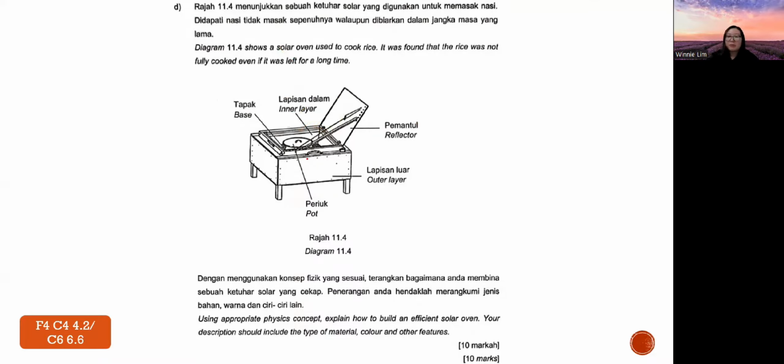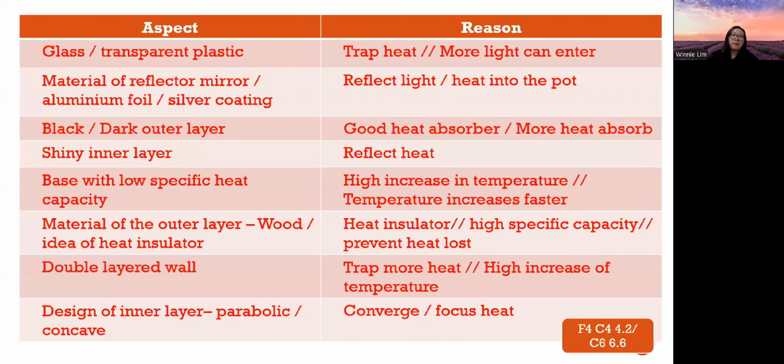And if you want to have more ideas, just give your ideas as long as your answer does not contradict. Okay, so now teacher shows the answer. You may place a transparent glass, so more light can straight away enter and then heat up the food. Then you see the material for the reflector: mirror, aluminum foil, silver coating, shiny. Why? Reflect light. Shiny inner layer reflects heat.